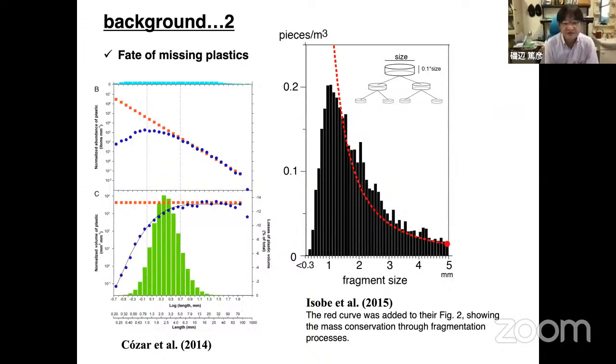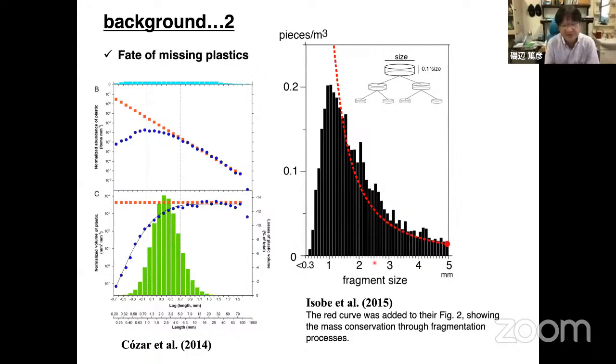also found in the size distribution. Probably this was first pointed out by Cózar in his paper, but I use our dataset to explain these missing plastics. On the right-hand side, I'm showing the size distribution of the microplastics collected around Japan to date.